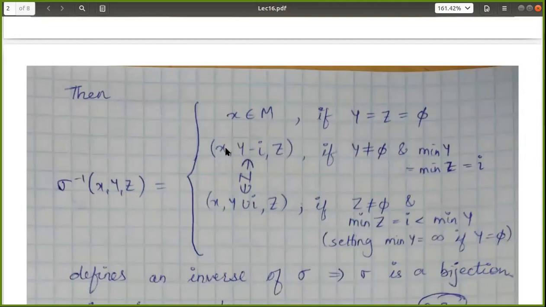So that now for this, the cardinality has changed, it has reduced by 1. And for this particular set now, the min of this set is strictly smaller than min of this set. So sorry, the other way around. Min of this set, min of z, is strictly smaller than min of y minus I. Correct?